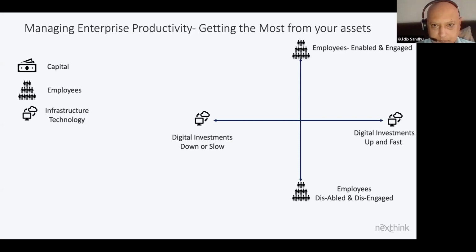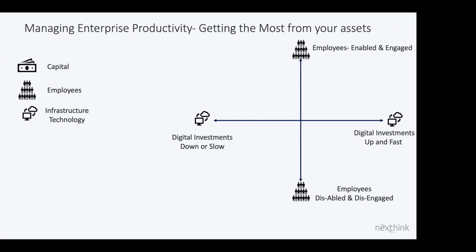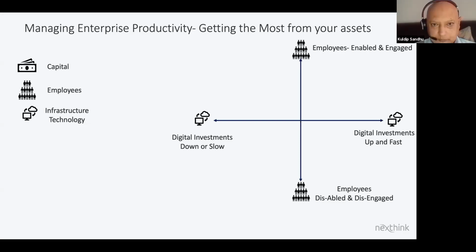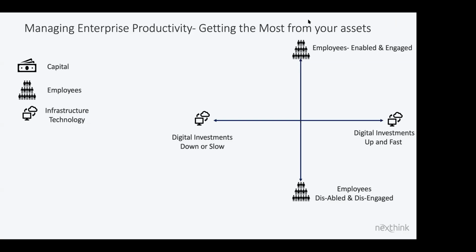I think the piece of the picture that is at the moment getting more focus, and people are beginning to realize that there's more value in doing it, is this vertical axis, where not only do we need to make sure that our technology is singing the right song, we need to make sure that our employees are actually using that technology in a focused way in order to be productive.